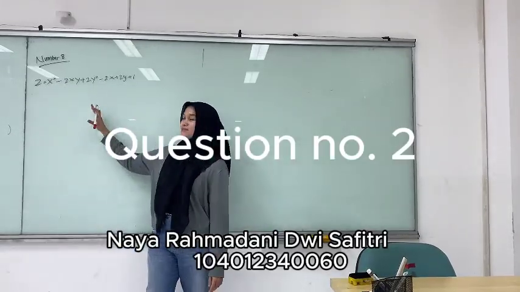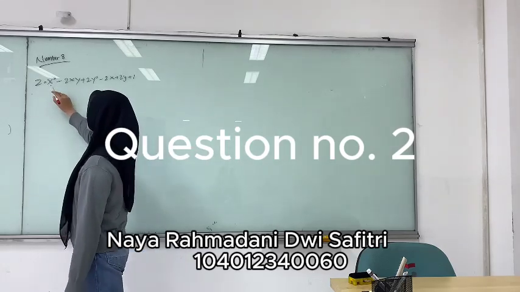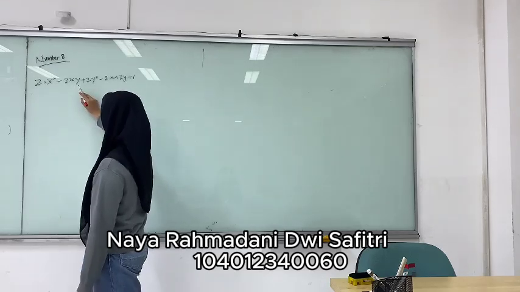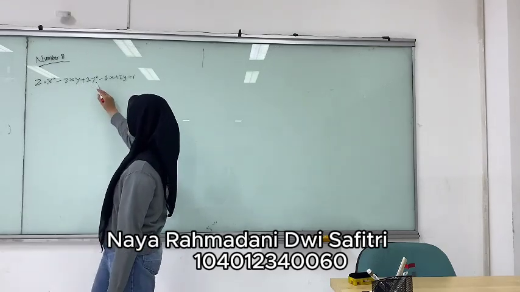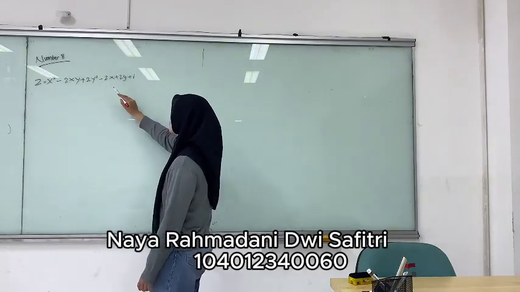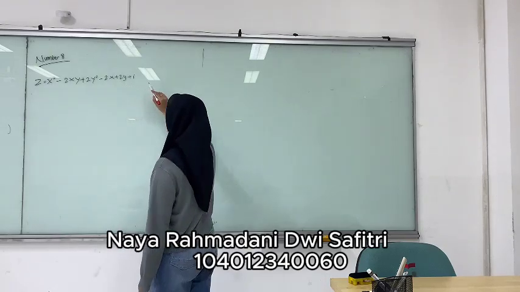The next question, number 8: Z equals x to the power of 2 minus 2xy plus 2y to the power of 2 minus 2x plus 2y plus 1.